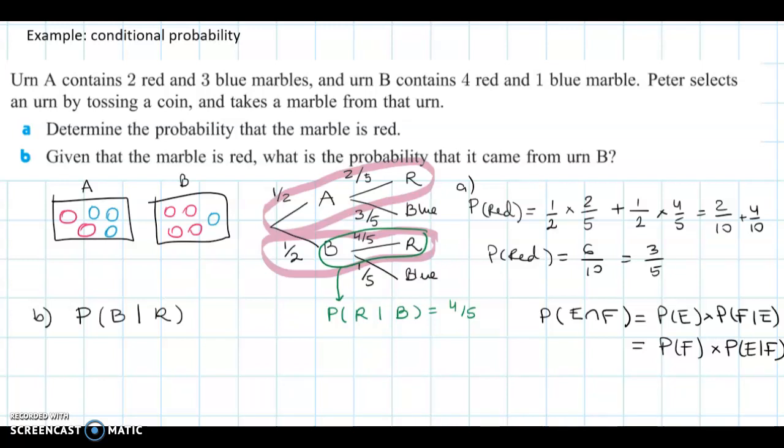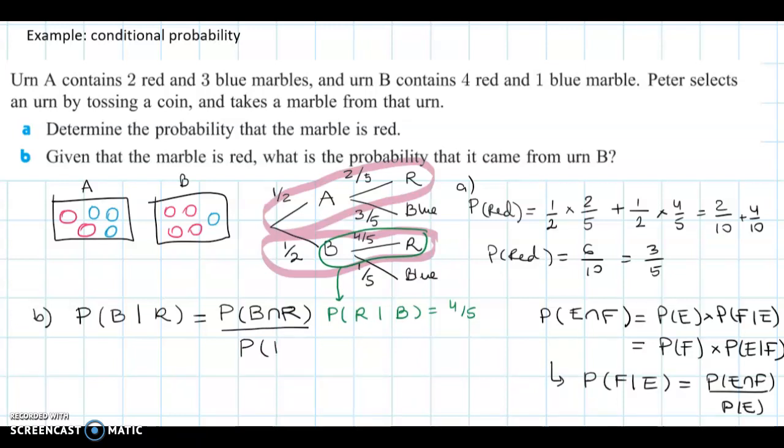So that's the basic formula that we have for conditional probability, and from there we can isolate that the probability of, for instance, F given E is equal to the probability of the intersection divided by the probability of E. So if we try to apply this formula to our case with the marbles and the boxes, we are going to have the probability of coming from B and being red, so the intersection of the two events, divided by the probability of red.